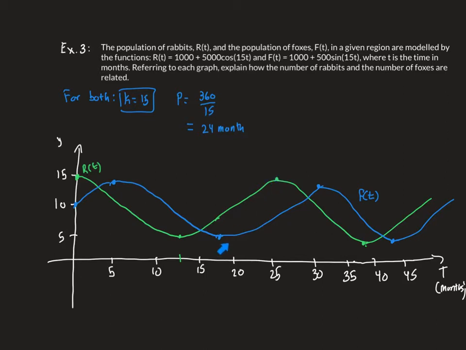As the food becomes plentiful, the fox population is now going to increase because they're going to be eating. And of course the whole cycle takes place over 45 months, so about 2 years. And that's what we're noticing here.